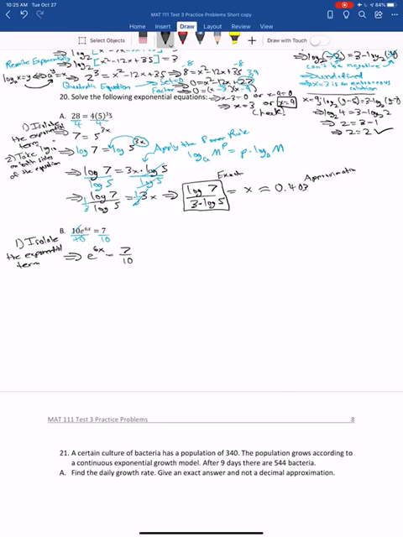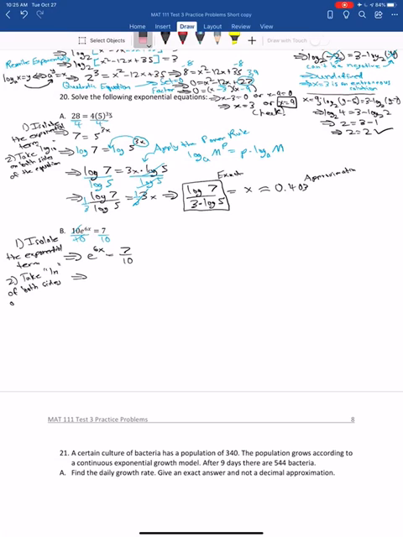And then let's go ahead and introduce our property. So we know with e and 7/10, we're not going to be able to rewrite with the same base, so we're going to introduce logarithms. So this time, instead of taking log base 10 on both sides, I'm going to take log base e, or the natural log, of both sides of the equation. Since I'm dealing with my natural number, it'll simplify nicely.